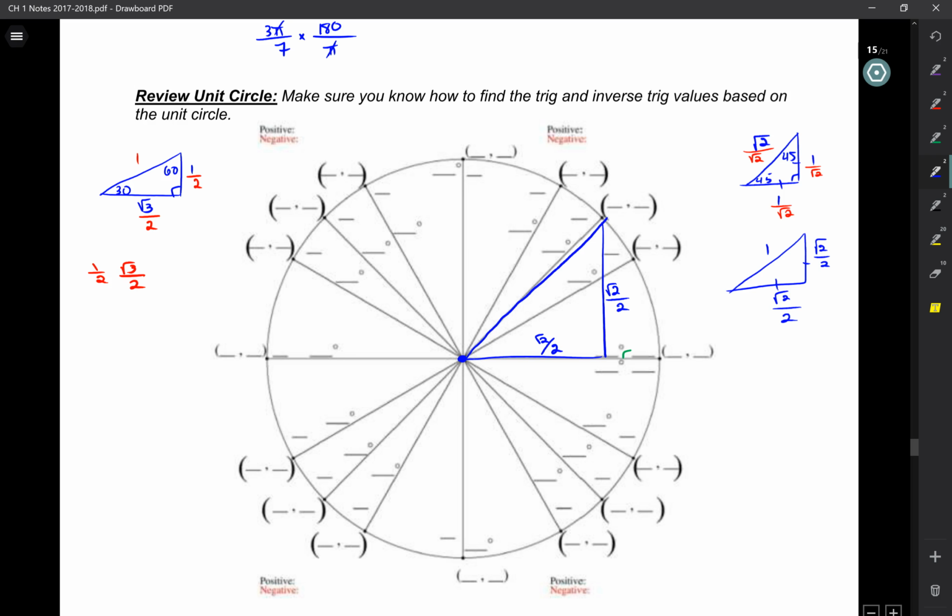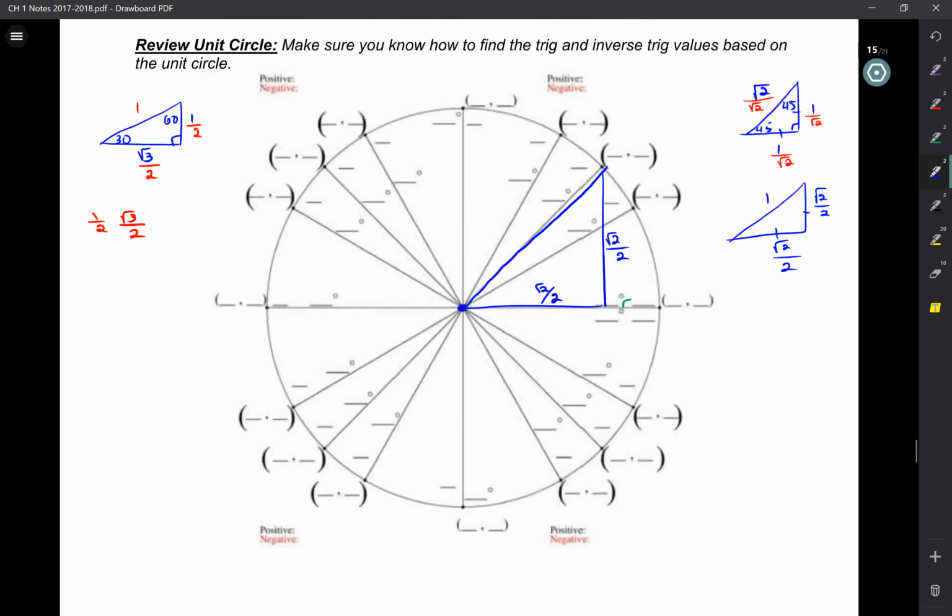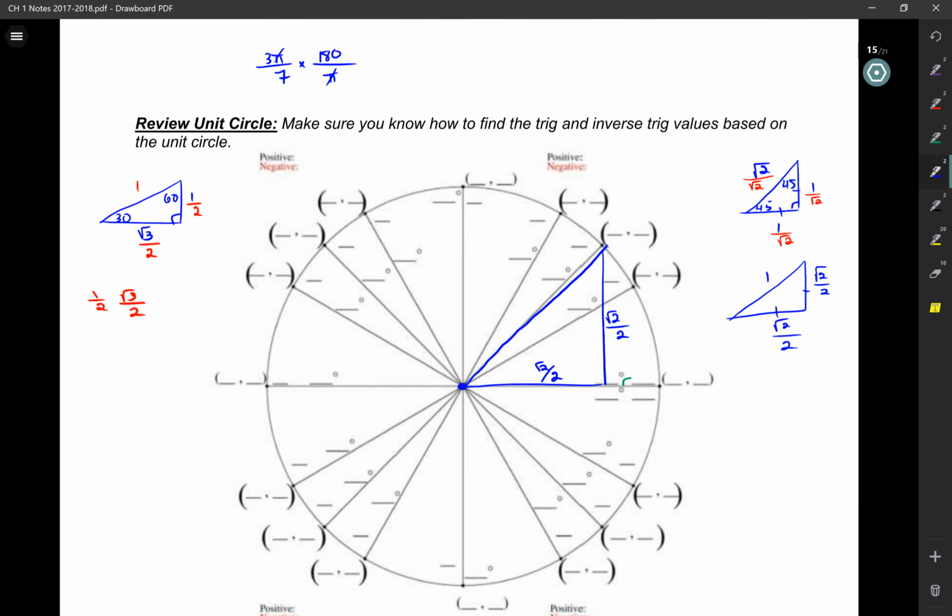So here's a question for you. What's cosine of 45? That's the flat side, horizontal, root 2 over 2. What's the sine of 45? Root 2 over 2. Now, one other thing we need to know about this is that in each quadrant, the sign is different. So in the first quadrant, what functions are positive? All are positive.